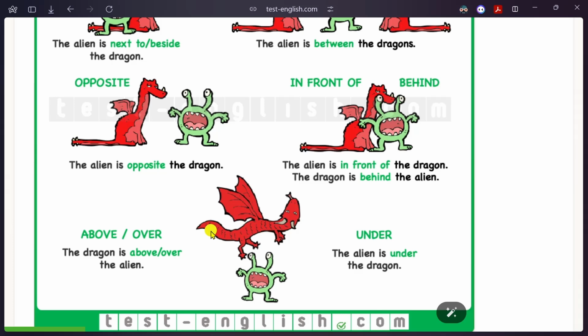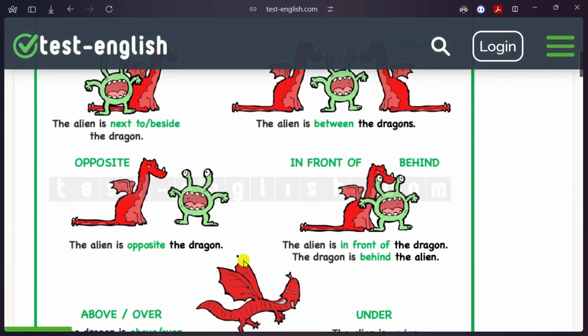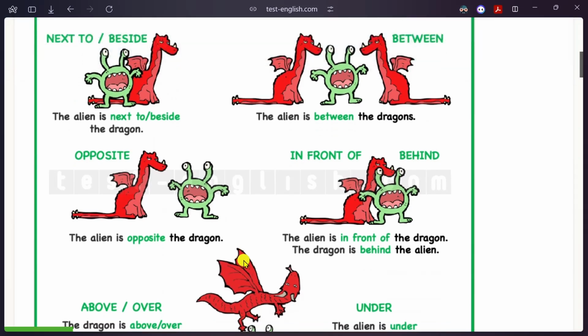Front row. You're sitting in the front row. But then front is an adjective for row. It's different, no?